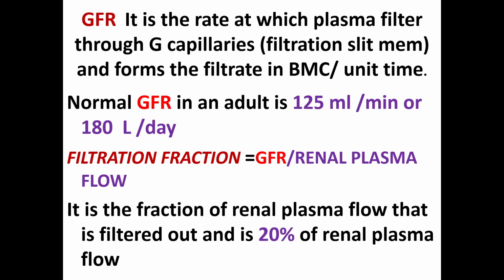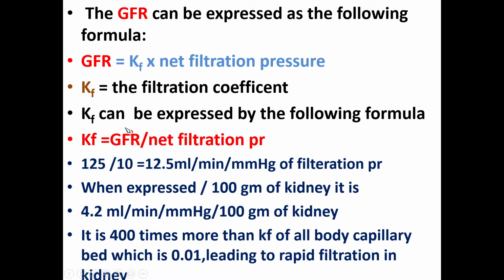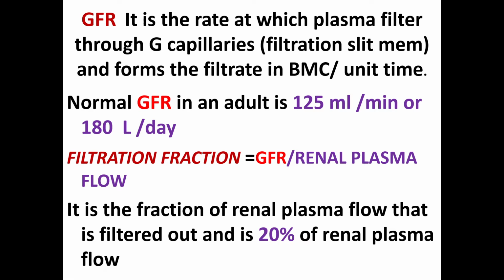I am going to emphasize this 180 liters per day, because if you have 1 liter bottles, you have to fill 180 bottles per day, and then empty them. Your normal urine production is just 1.5 liters.